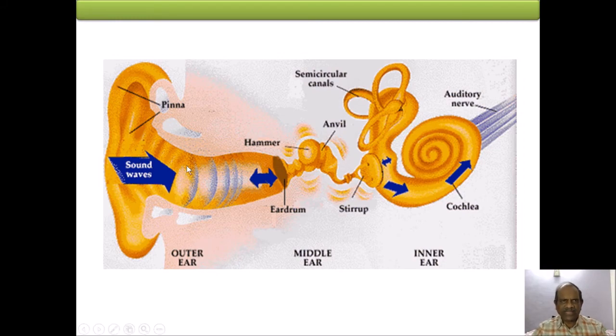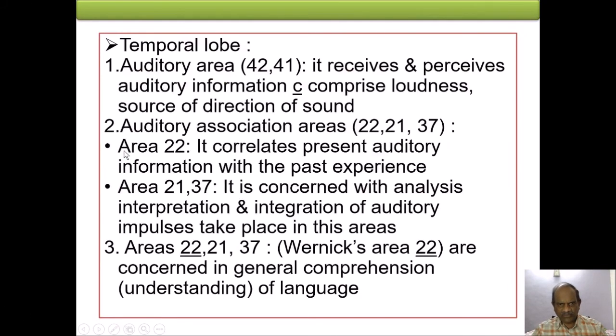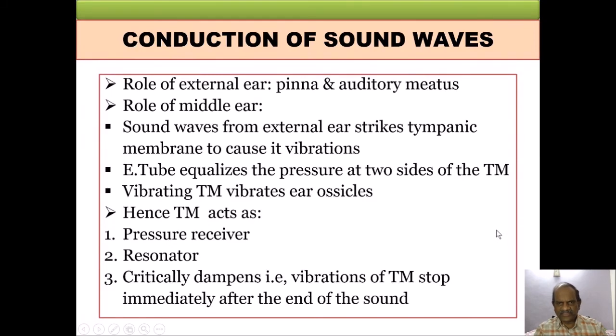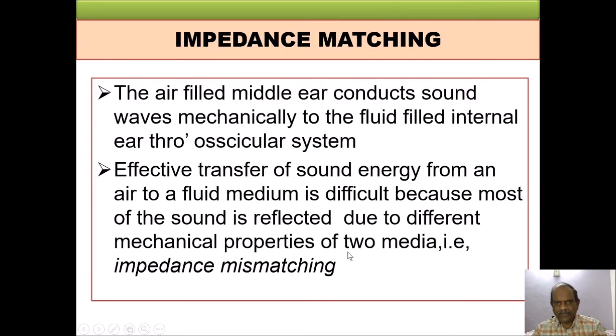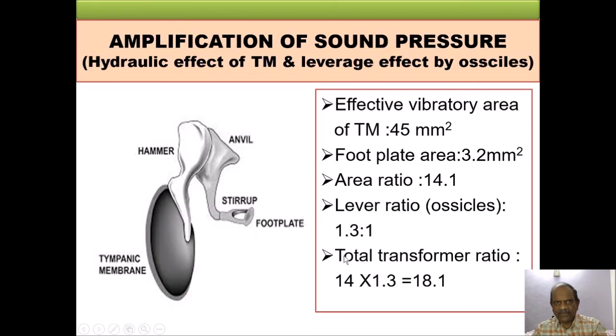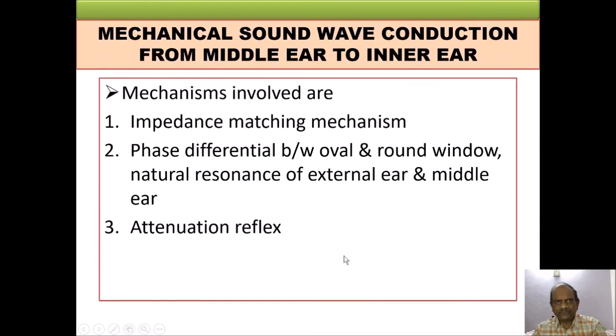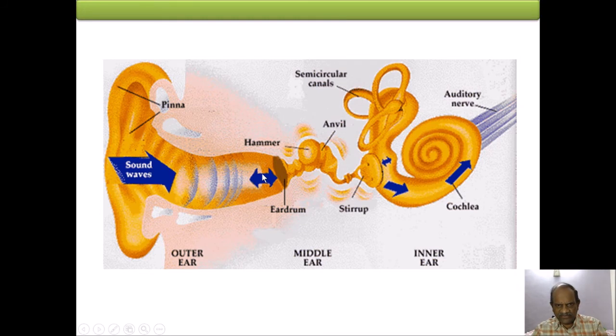Now let us assume that the sound waves are propagated from the external ear and reach the middle ear. In the middle ear, at the tympanic membrane, there occurs vibration of the ossicular chain of bones.